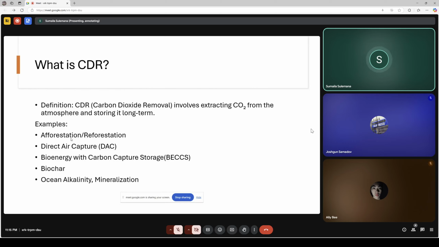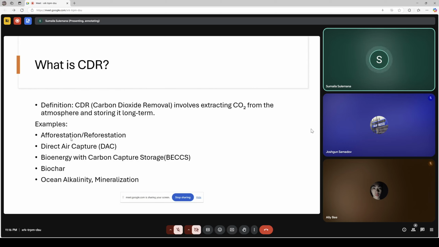Ocean alkalinity enhancement is also a kind of mineralization process in the ocean. Mainly we try to look at how we can increase the alkalinity in the oceans. And why do we do that? Because the ocean is also a carbon sink.